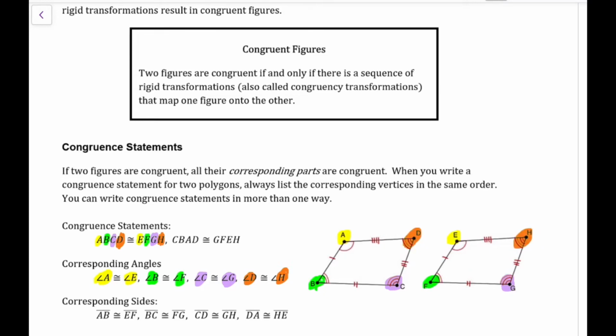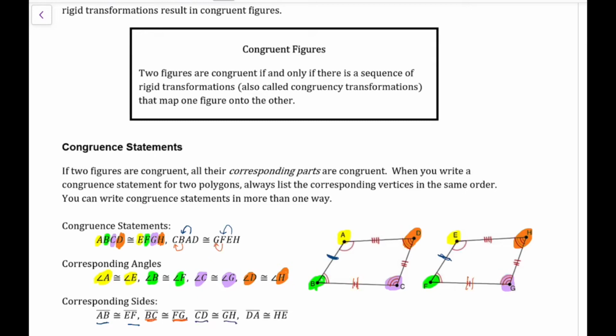On the next line, it's the corresponding sides. So if I take AB and EF, we're going to put one line on the side. Those are congruent. Notice AB and EF are in the same spot in our quadrilaterals. BC is going to be congruent to FG, and we're going to put 2 lines on that one.